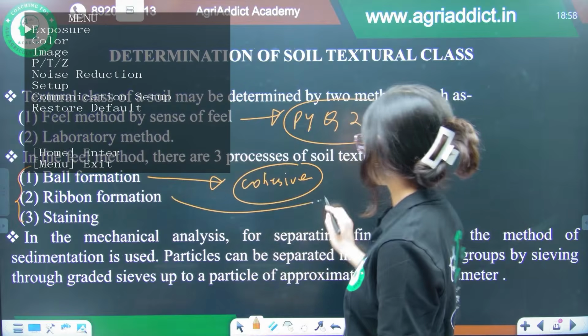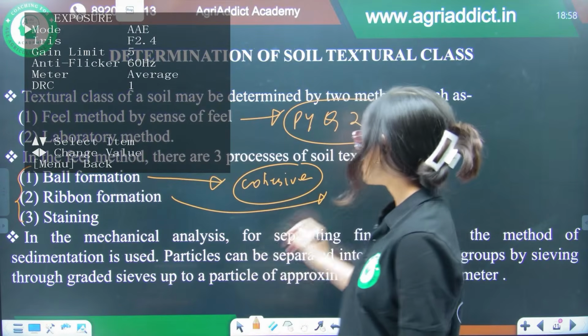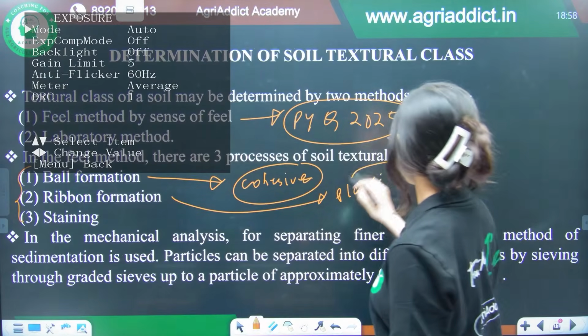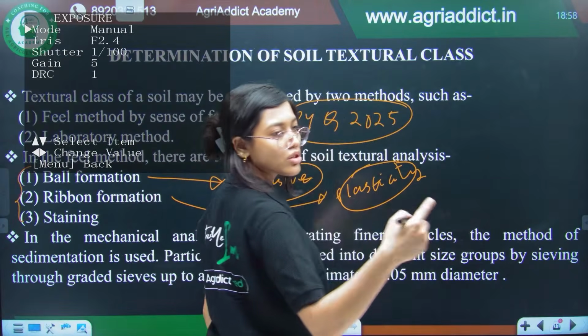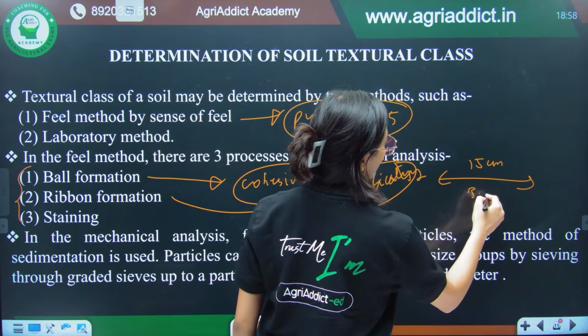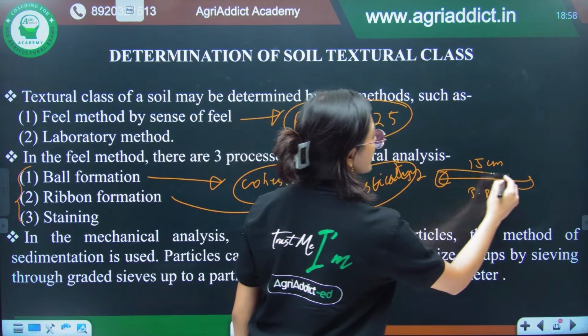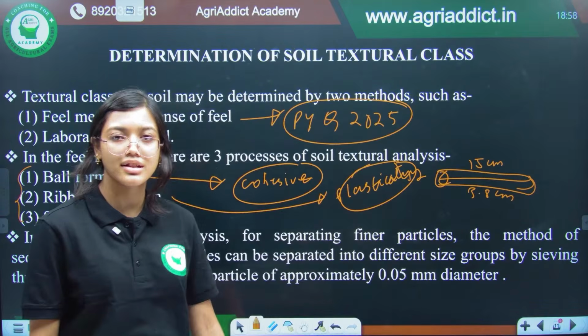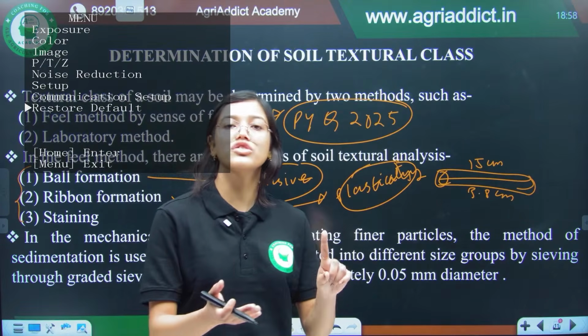Now, in case of ribbon formation, we do this to measure the plasticity of our soil. Here, we will see whether or not the soil forms a 15 centimeter long ribbon with a diameter of about 3.8 centimeters, and that ribbon has to retain its shape.